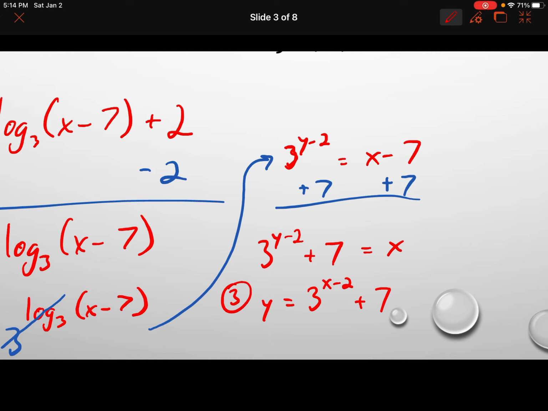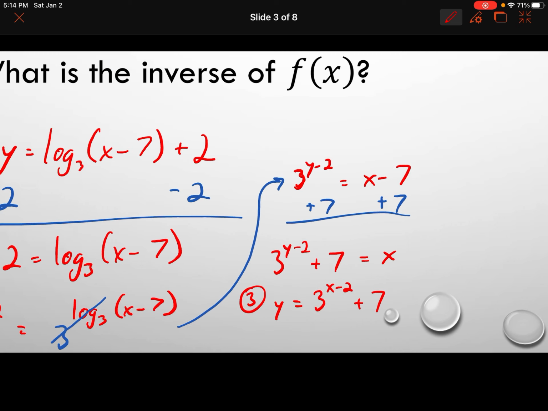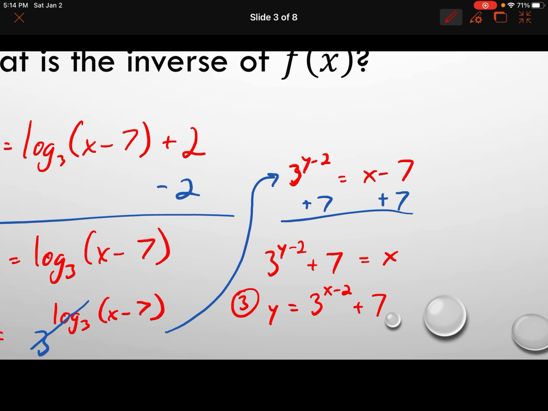Nothing special there. And then if you recall the very last step, and this step is not really as important when it comes to being able to graph this eventually, but if we wanted to be proper, our last step would be to write it using the appropriate notation, which is, since we're trying to find the inverse, we write it as f negative 1, that's the notation that we use for inverse, is equal to 3 to the power of x minus 2, plus 7.